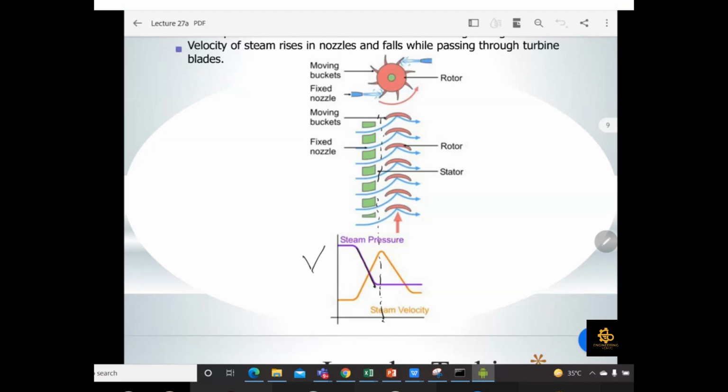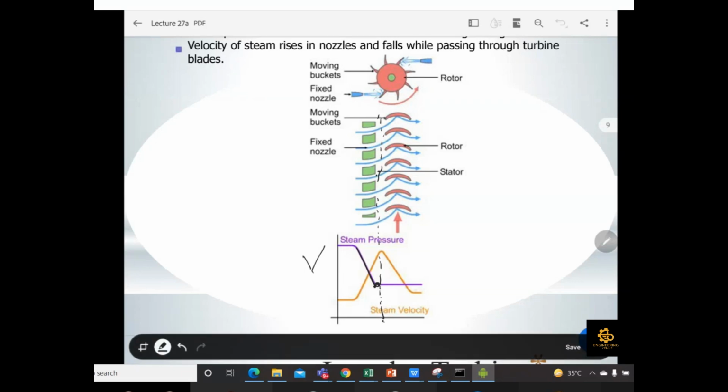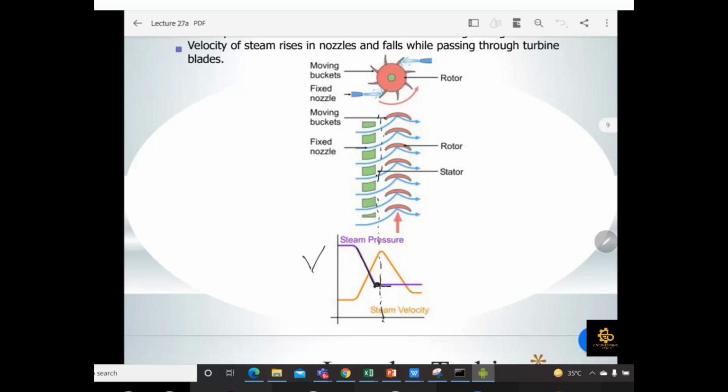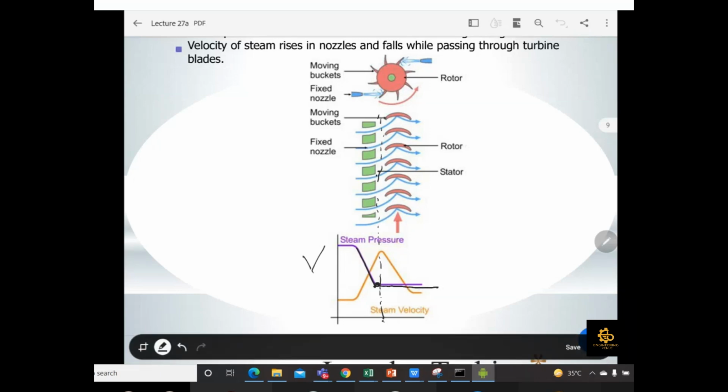At the end of the nozzle, correlating with the figure above, when your steam reaches the moving blade, the pressure becomes constant as it moves towards the rotor section, or moving blade.